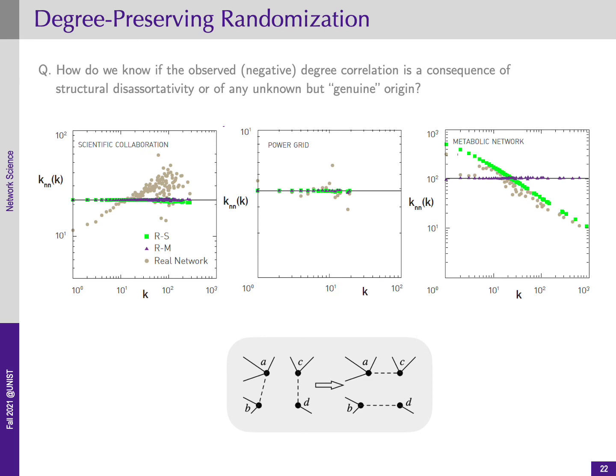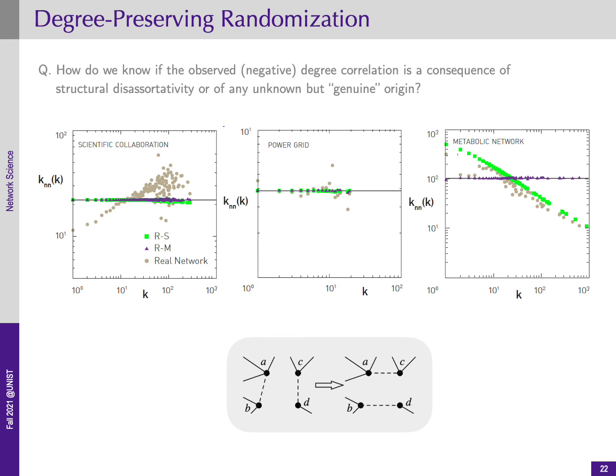The middle one, the power grid network, is originally neutral because k_nn(k) shows more or less constant behavior. And after randomization, it still shows neutrality. That means, yes, the power grid is truly a neutral network.